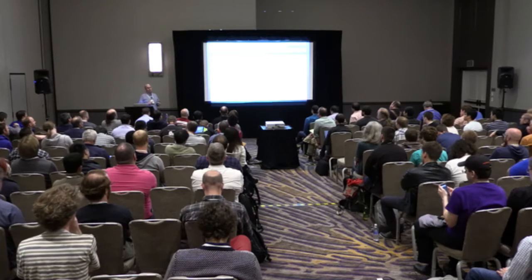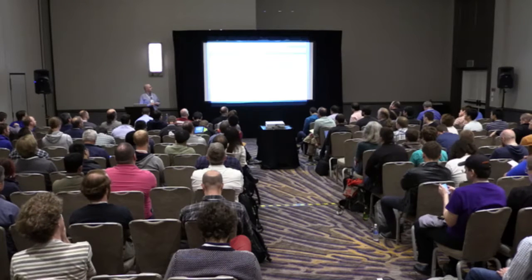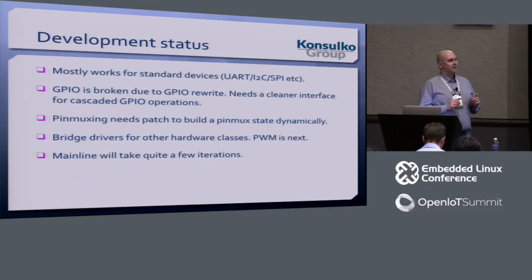We have a broken GPIO patch because there was a GPIO rewrite. And there is a problem with cascaded GPIO operations. It works, but the pin request flags are not set correctly. There might be some problems there with the GPIO maintainer.